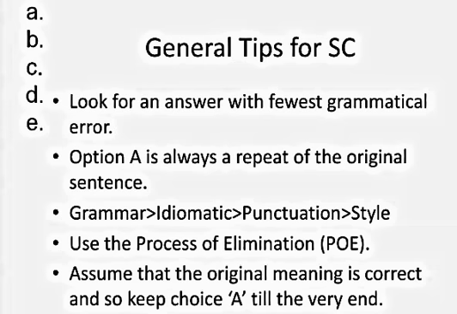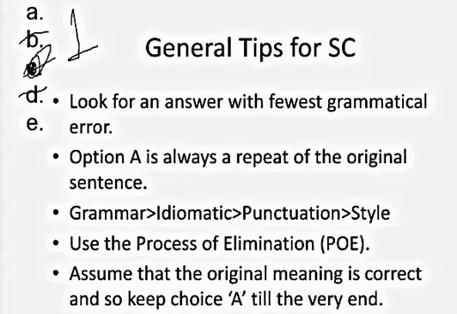Let's just say that when you look at a sentence in a sentence correction question, you realize that B is definitely incorrect, and so you eliminate B. And after you go through the sentences, you realize that D is also incorrect. So now you have 3 answer choices left. This is called the first iteration. Then let's just say on the next iteration you again read A, C and E, and you realize that C is also incorrect.